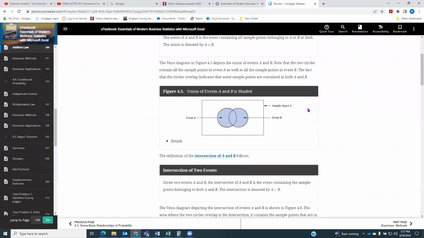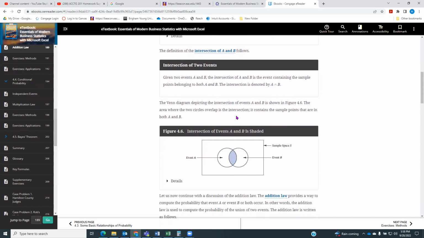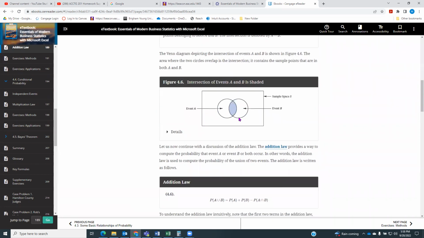Here, in this situation, we could have event A, that they rented for business, event B, that they rented for personal, and then this middle space would be the space where they rented for both business and personal.